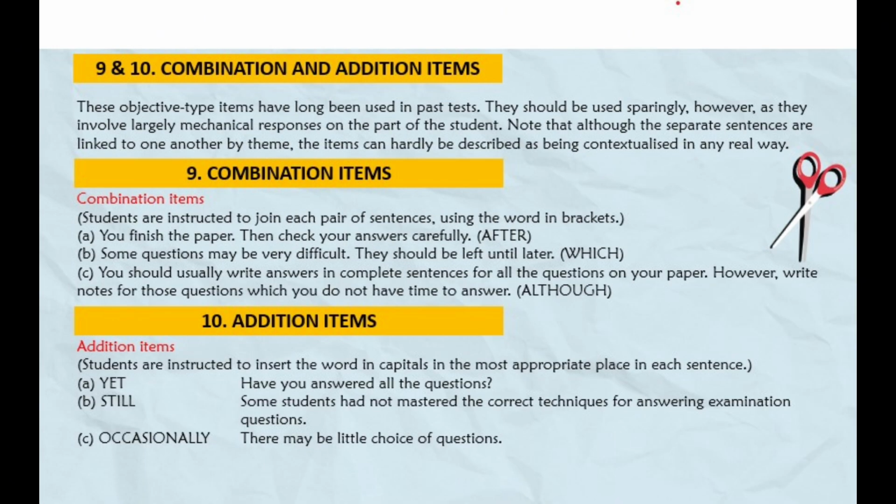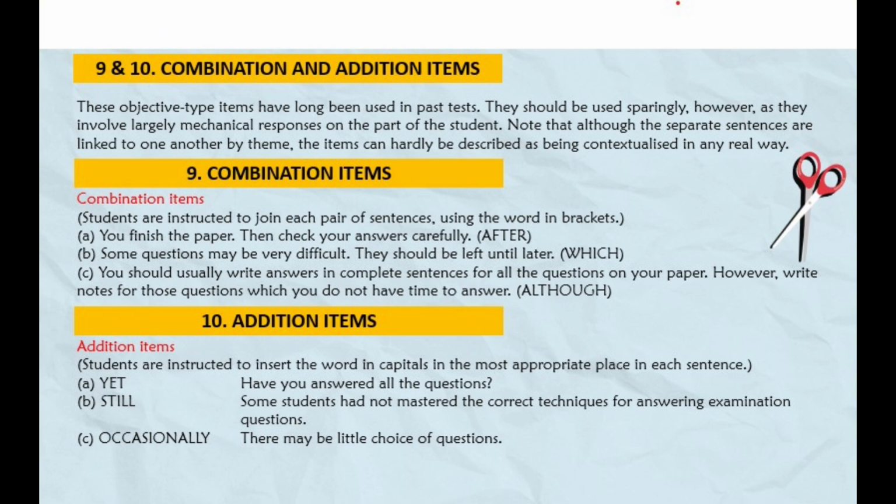We go to the next type, combination and addition items. These objective type items have long been used in past tests. They should be used sparingly, however, as they involve largely mechanical responses on the part of the student. Note that although the separate sentences are linked to one another by theme, the items can hardly be described as being contextualized in any real way.